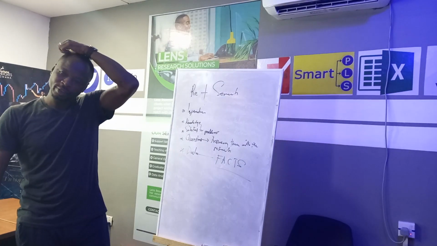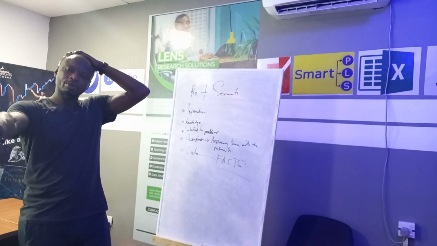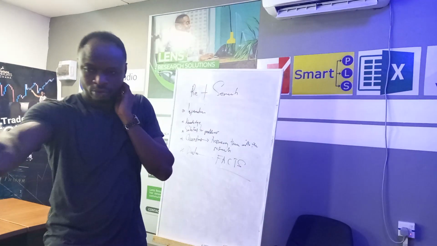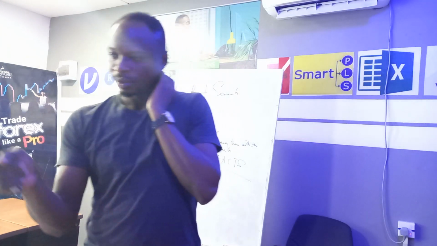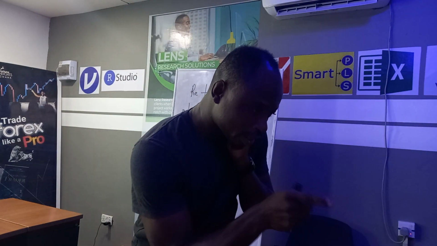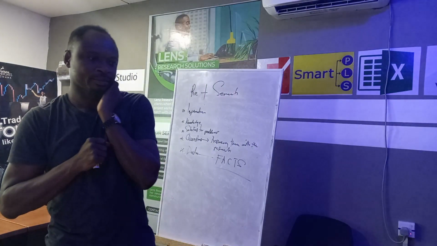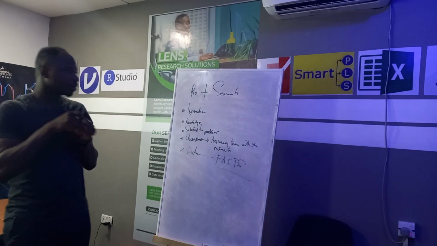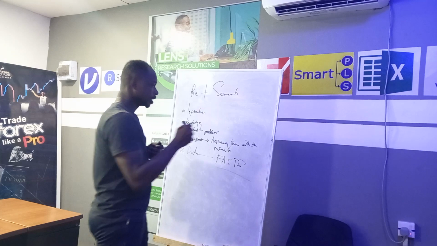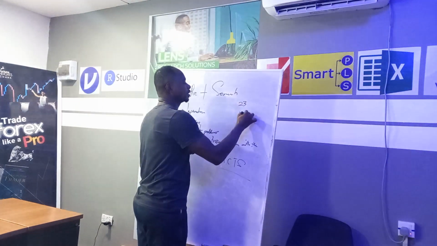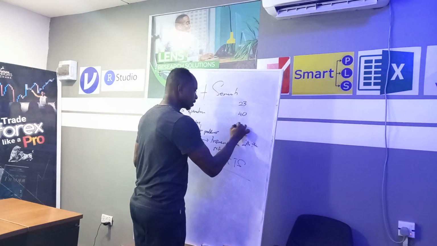I can look at you and say, I think you are 45 years. You are 29 years. Maybe 23 years. Am I getting the facts? No. So now, as a researcher, I gave you 23 years, I gave you 40, I got you 29.